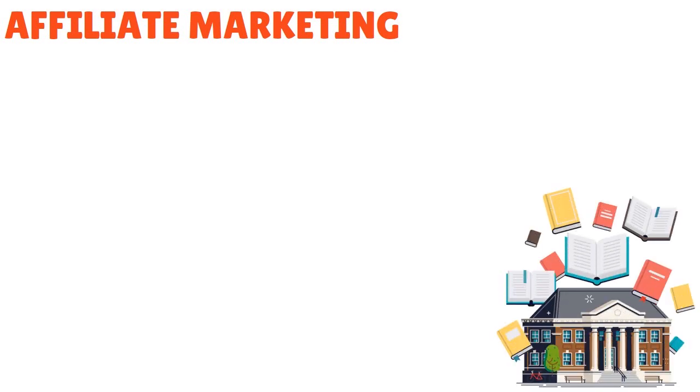So what about affiliate marketing? Both Teachable and Thinkific allow you to add affiliates to your school so that they can promote your courses too. That's pretty good. They allow you to set a custom commission percentage for your affiliates and select which courses you want them to promote. However, you can't define the commission percentage at the course level.